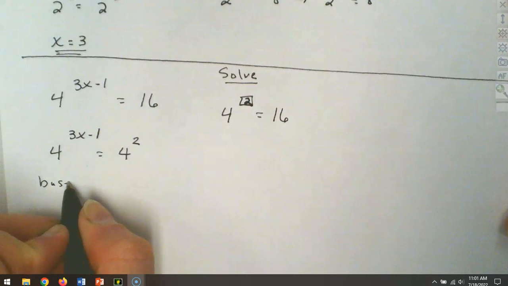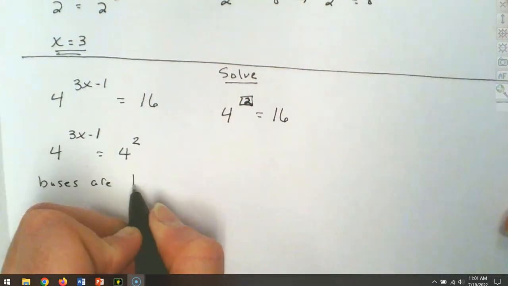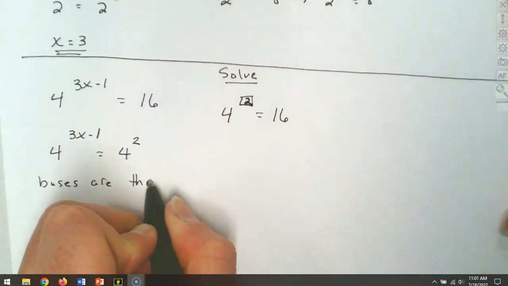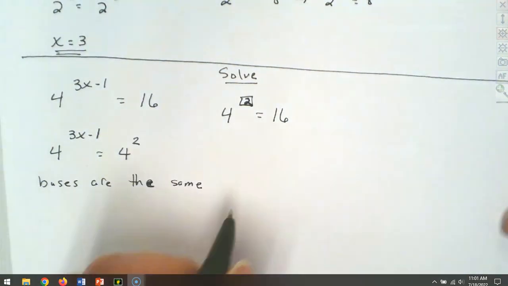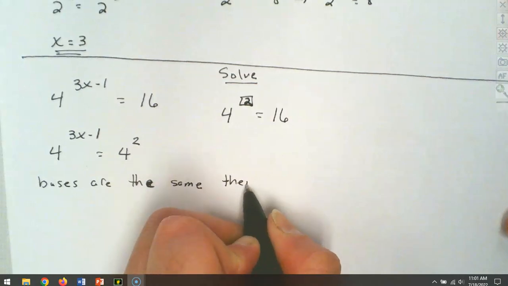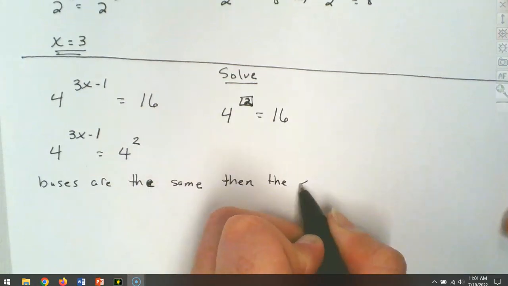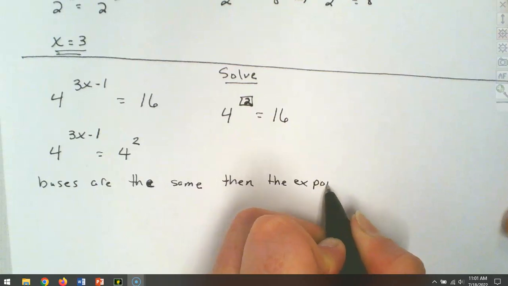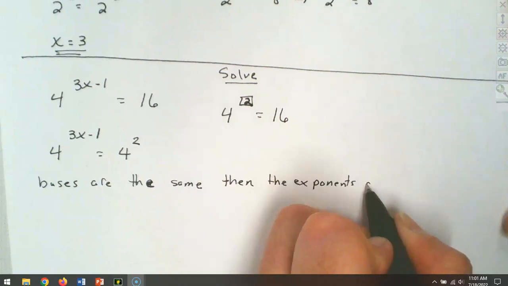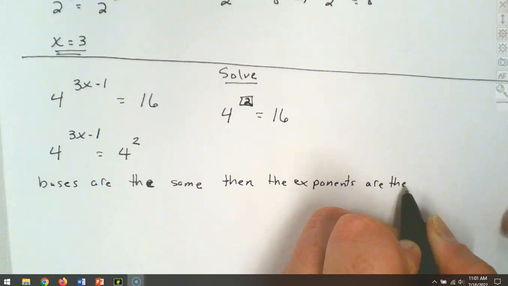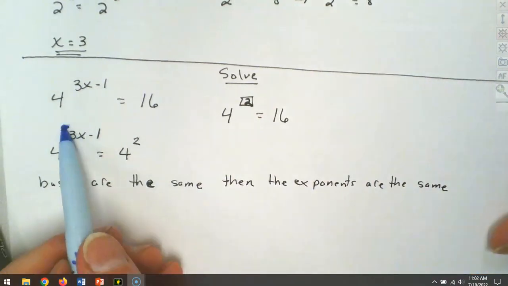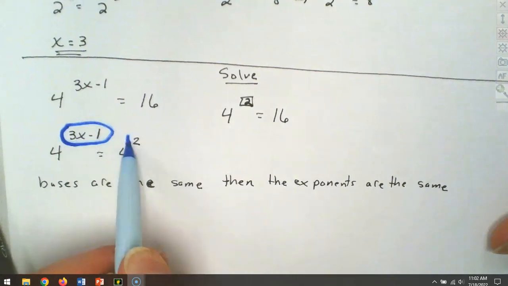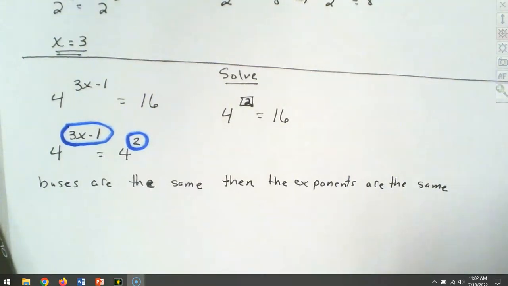So since the bases are the same, then the exponents must be the same. So that tells me that these have to be the same, and we can solve it now.